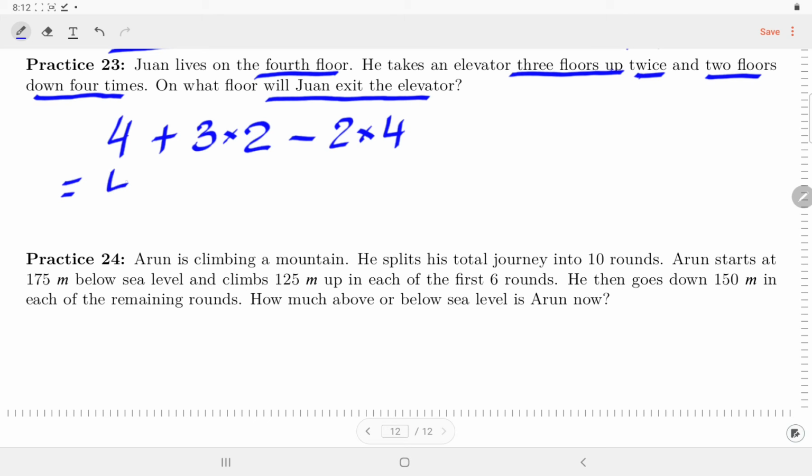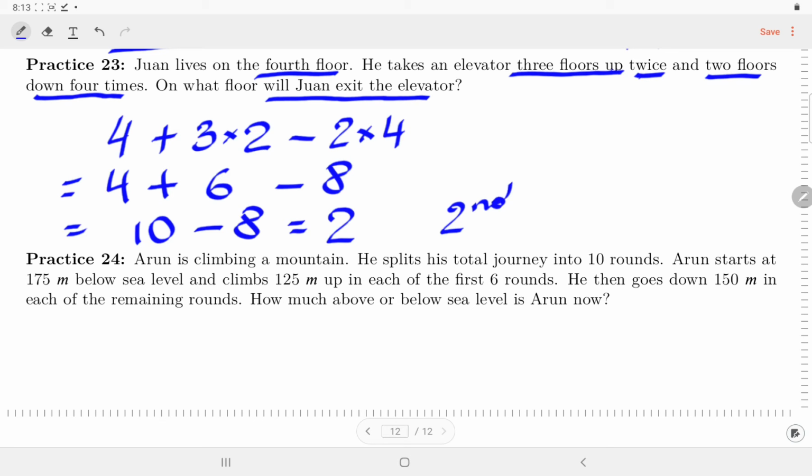We have 4 plus 3 times 2 minus 2 times 4. 4 plus 6 is 10, minus 8. He exits on the second floor.